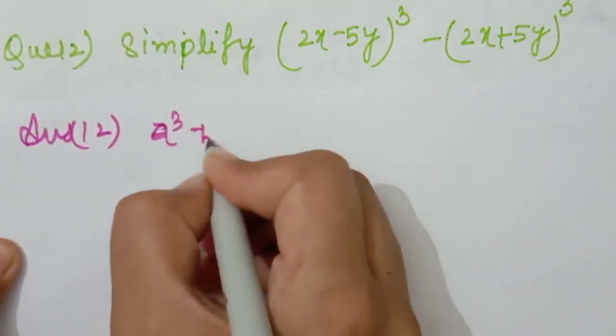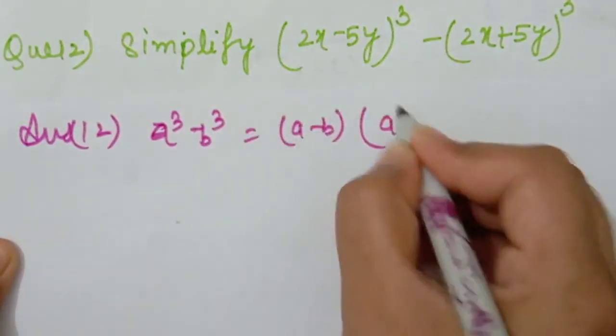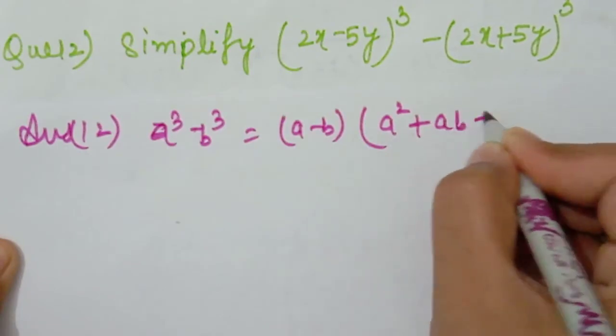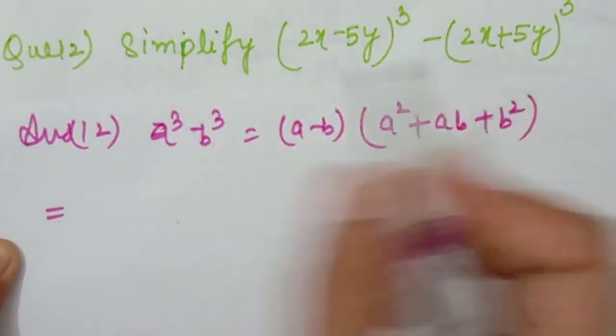I will apply a cube minus b cube, which is equal to (a minus b) times (a square plus ab plus b square). So a is this and b is this.